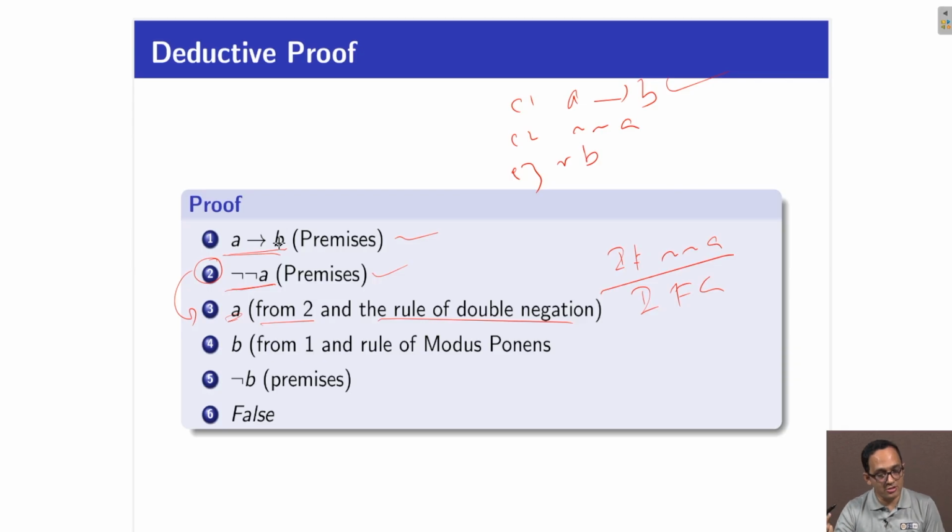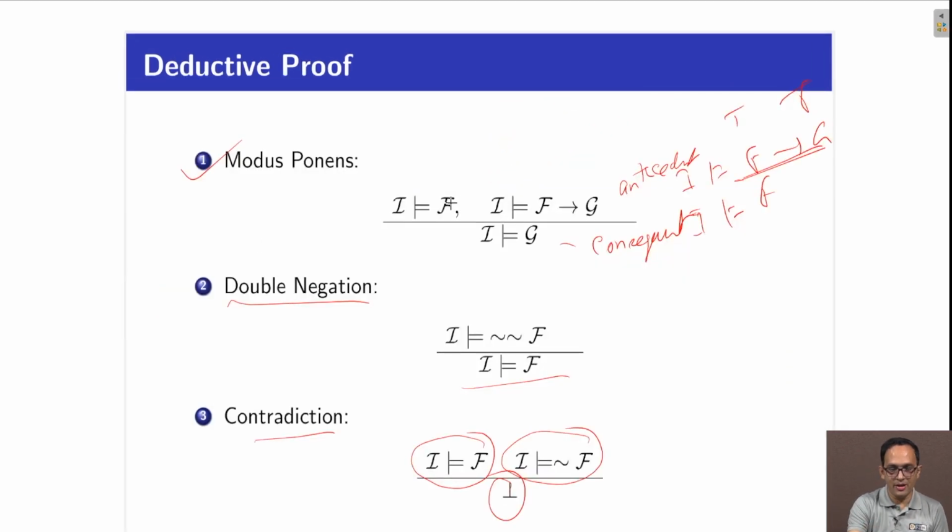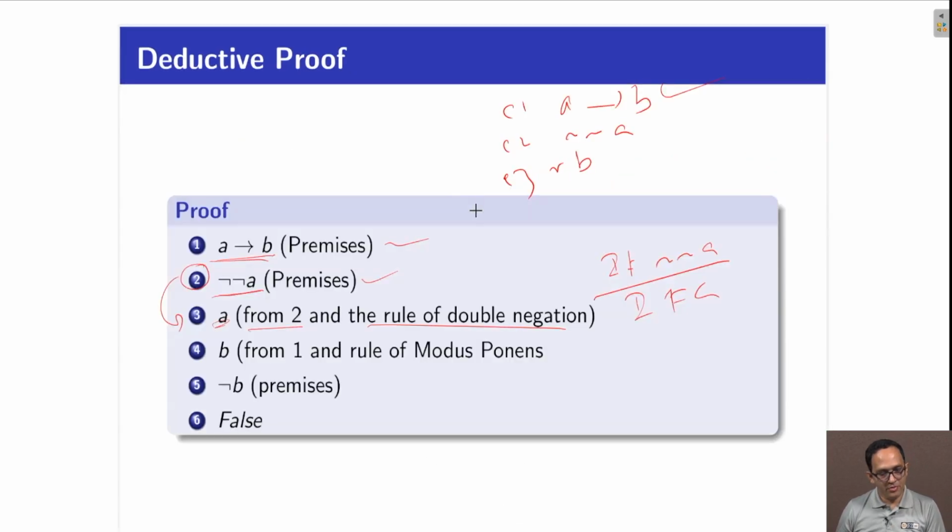So, I can use modus ponens, where I say that if an interpretation satisfies F and F implies G, then it also satisfies G. So, here I have A and A implies B. I will take 1 and the rule of modus ponens, and from there I get that this also satisfies B, right.